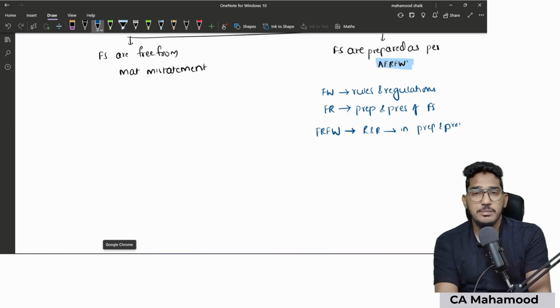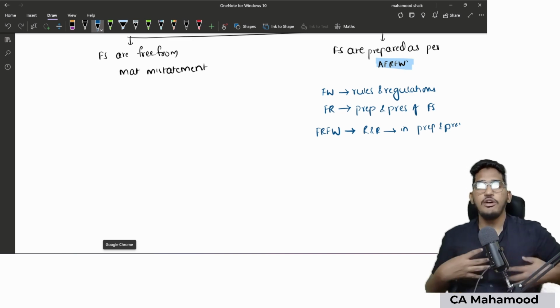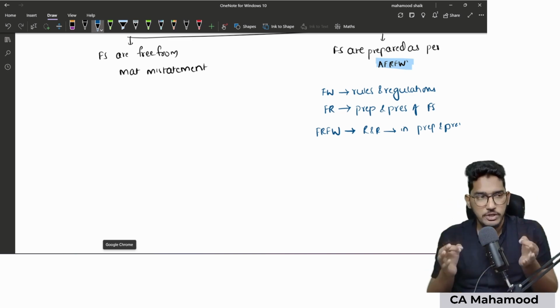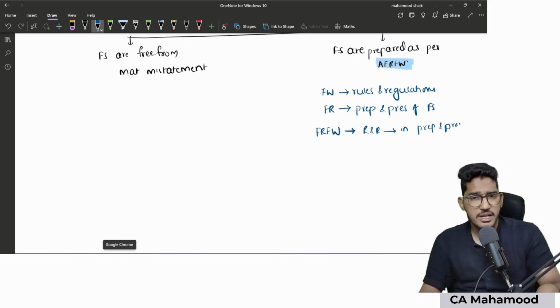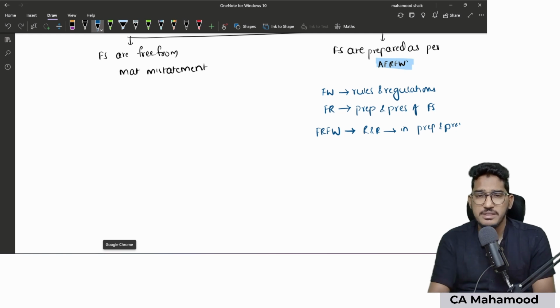Financial reporting means the preparation and presentation of financial statements. If you combine both, it means the set of rules and regulations which are required to be followed in the process of preparation and presentation of financial statements, nothing else.